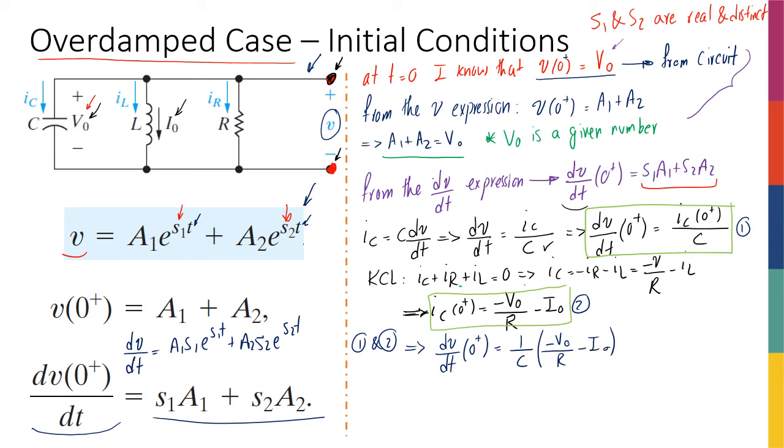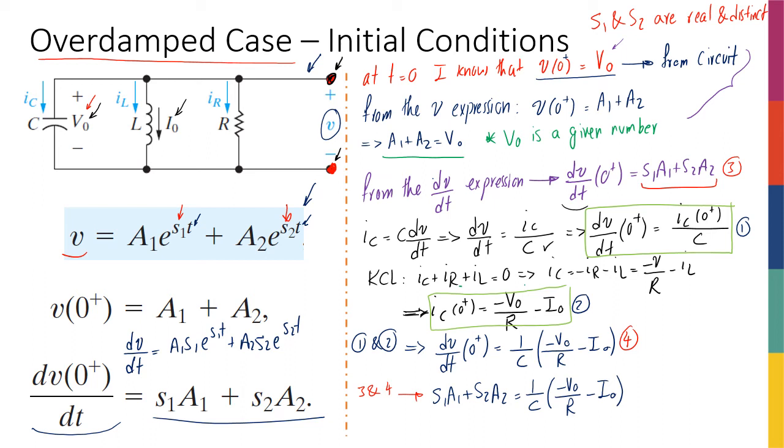Let's call this 3 and this 4. 3 and 4 will tell me that S1A1 plus S2A2 is equal to 1 over C times negative V0 over R minus I0.